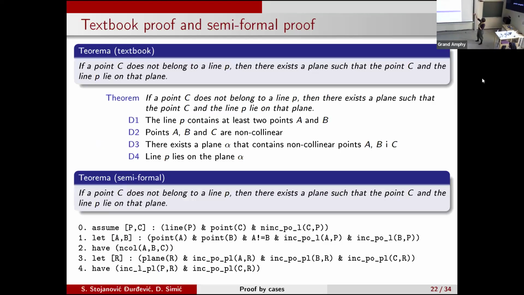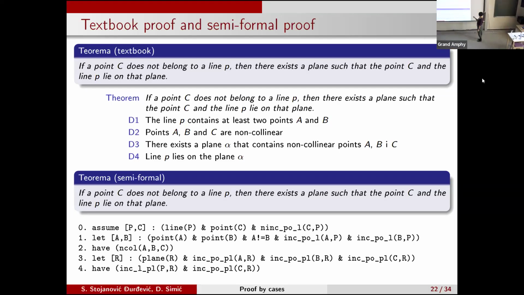Now if we look at the first proof that I showed you, this is the same proof. We can use that semi-formal language to introduce line L. Sorry, line L is an assumption. So everything that is in the premise of the theorem is in the first line.